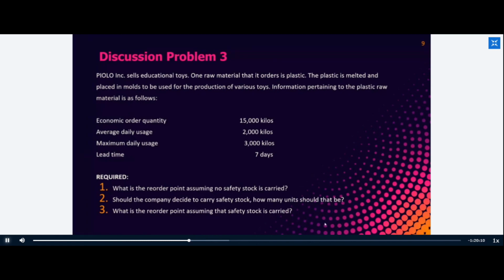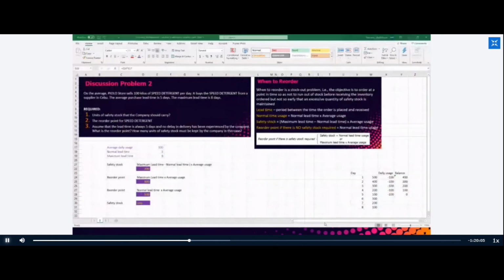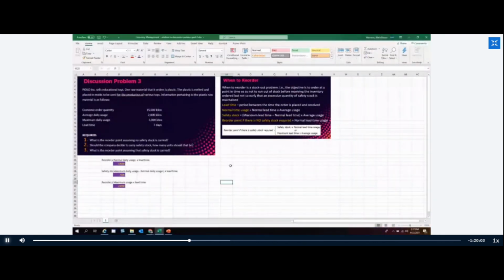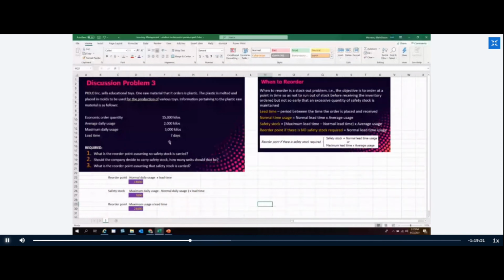Okay, let's have problem number 3. So in problem number 3, we have 3 requirements. Isa-isa natin siya. Una, reorder point. So in reorder point, di ba?